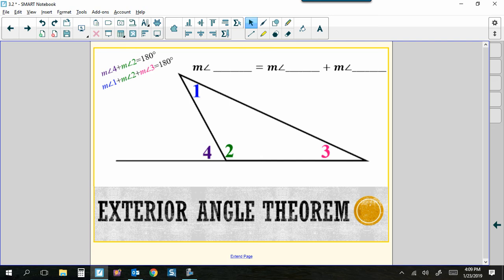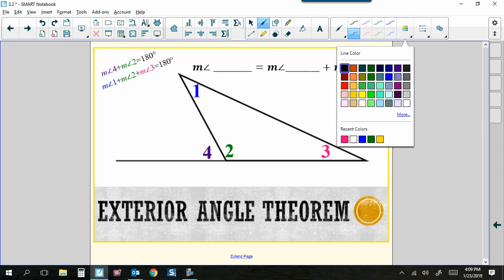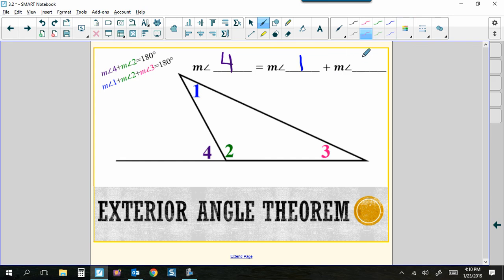Well, if angle 2 is on both sides, what would happen to angle 2? Well, it would cancel out, wouldn't it? Exactly. So what you're left with is that the exterior angle, which is angle 4, is going to equal the sum of the remote interior angles, which is angle 1 and angle 3.